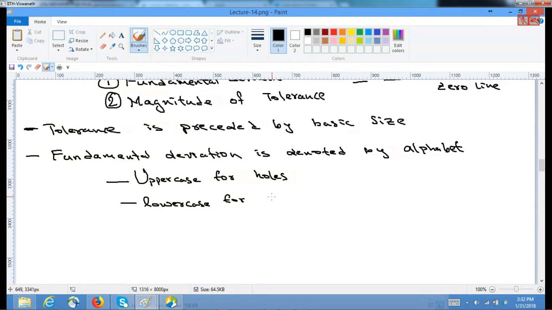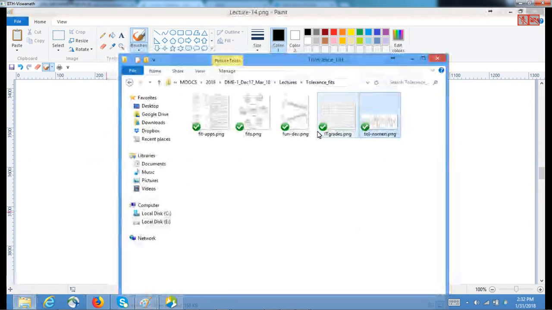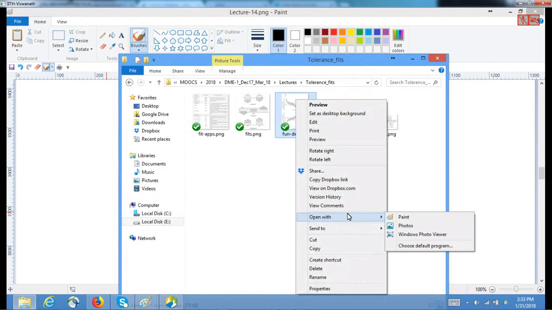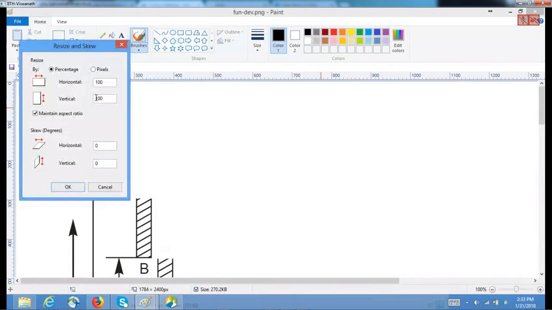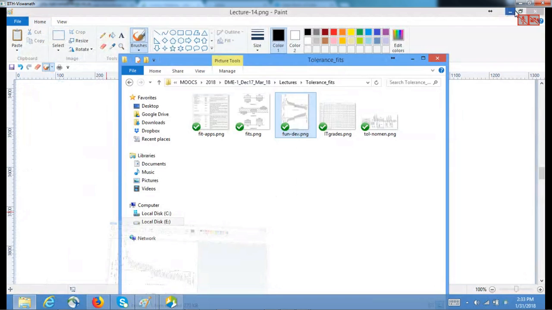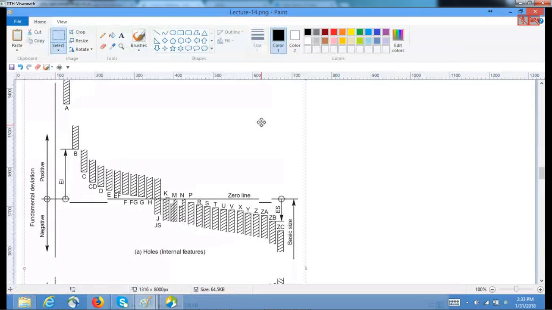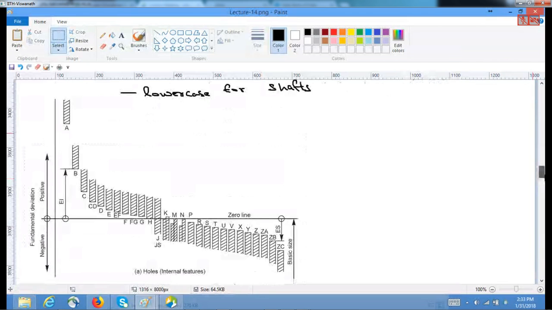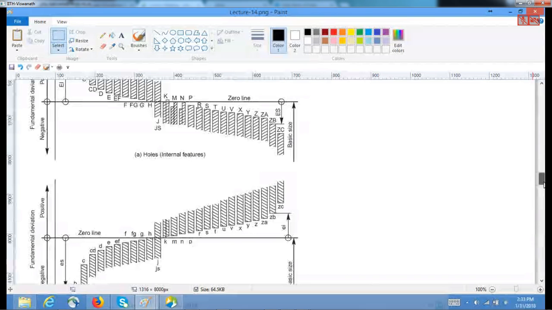So for example, I will show it here. If you look at here, let's say this is for the holes.